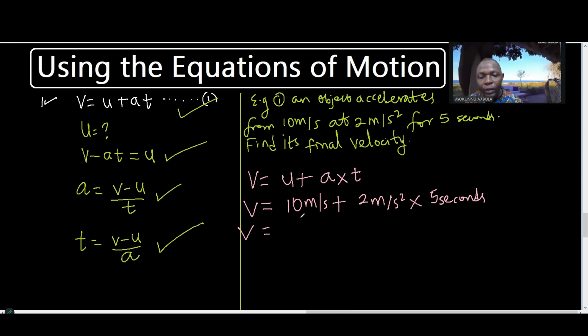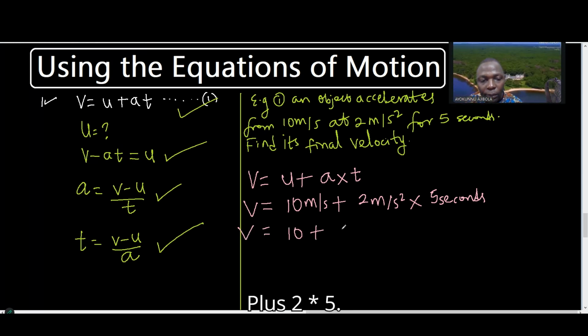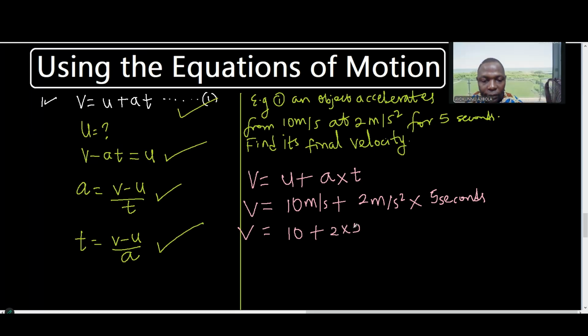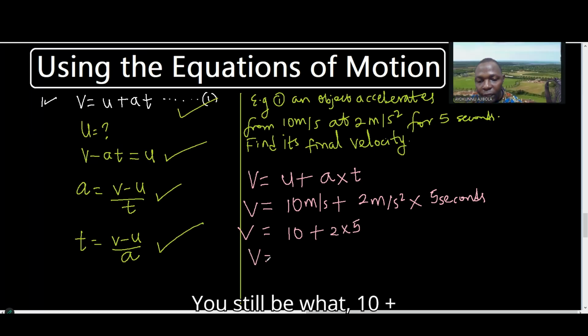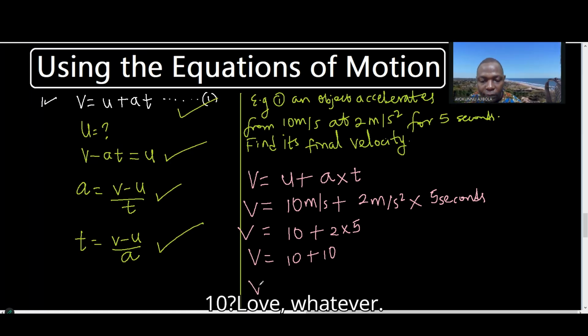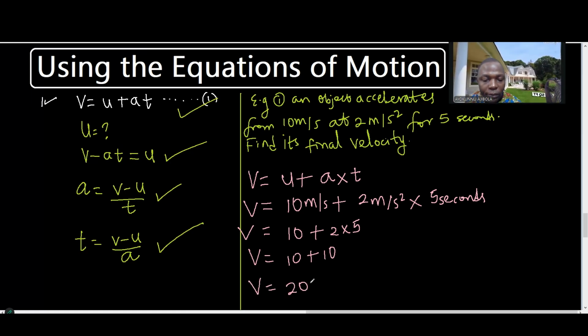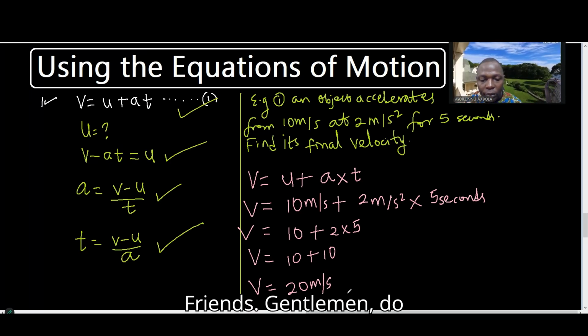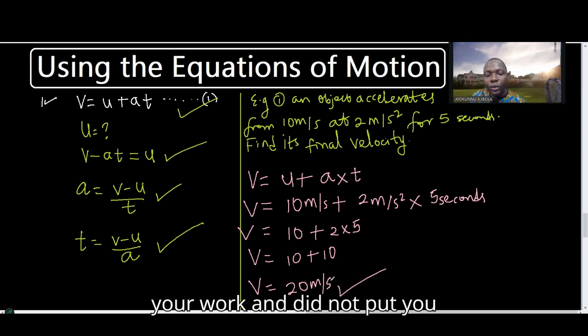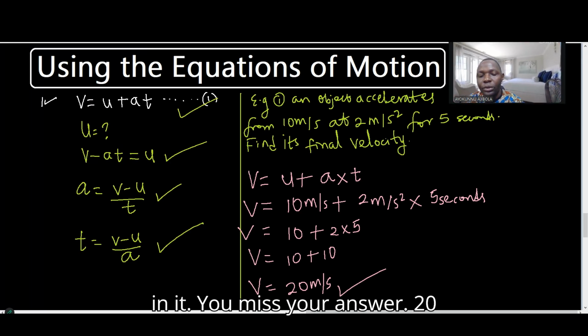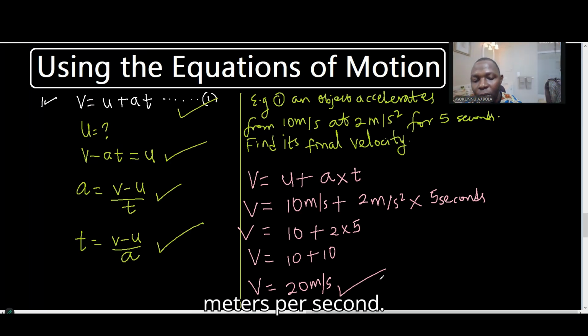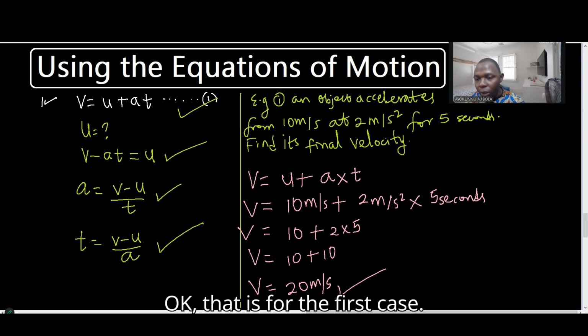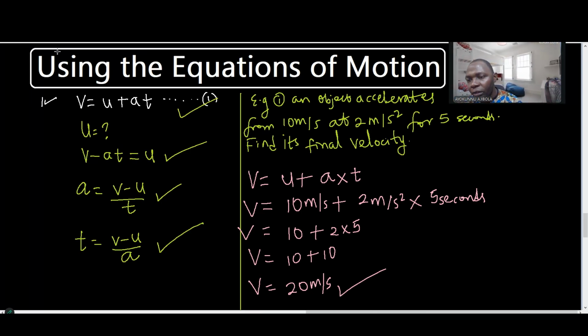The final velocity is 10 plus 2 times 5. So final velocity will be 10 plus 10, that will be 20. If you do your work and you did not put unit, you miss your answer. 20 meters per second. Okay, that is for the first case.